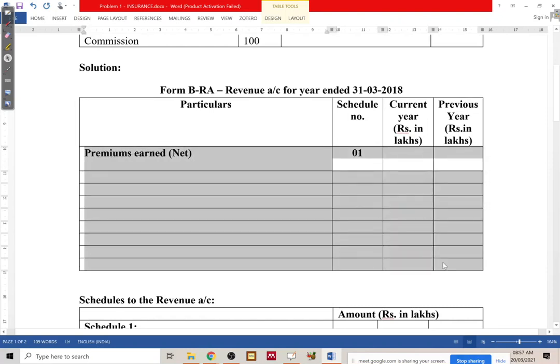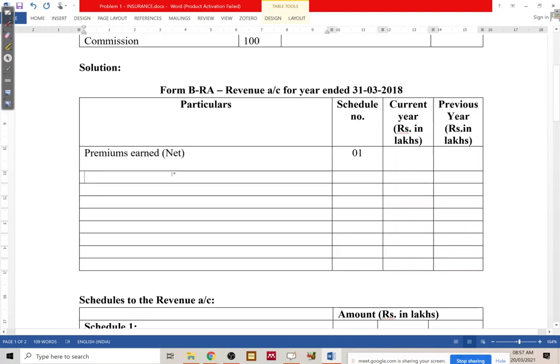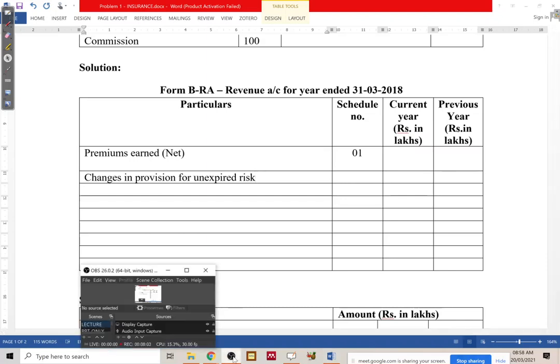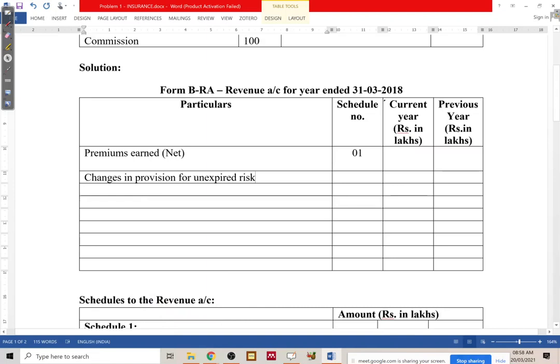Then the second item is something called changes in provision for unexpired risk. Now what this means is, for any income, we normally have provisions, like provisions for advances in banking that we have learned, and provisions for doubtful debts.